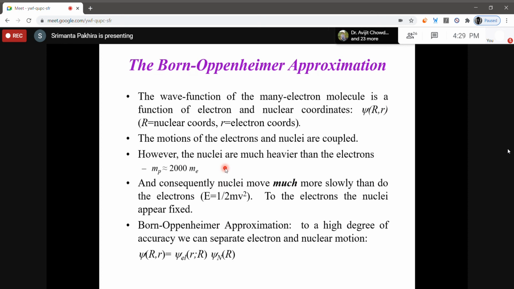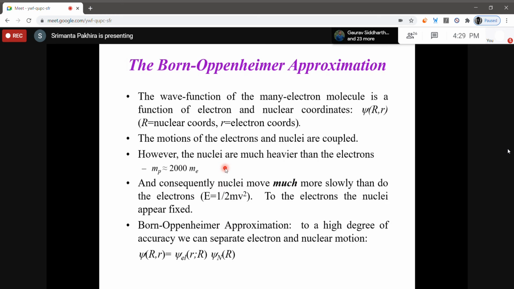However, you have to understand that inside the nucleus there are many protons and neutrons, which are much heavier than an electron. If we assume the mass of the proton is almost 2000 times that of the electron, this time Born and Oppenheimer, the world famous scientists, started to make one approximation.